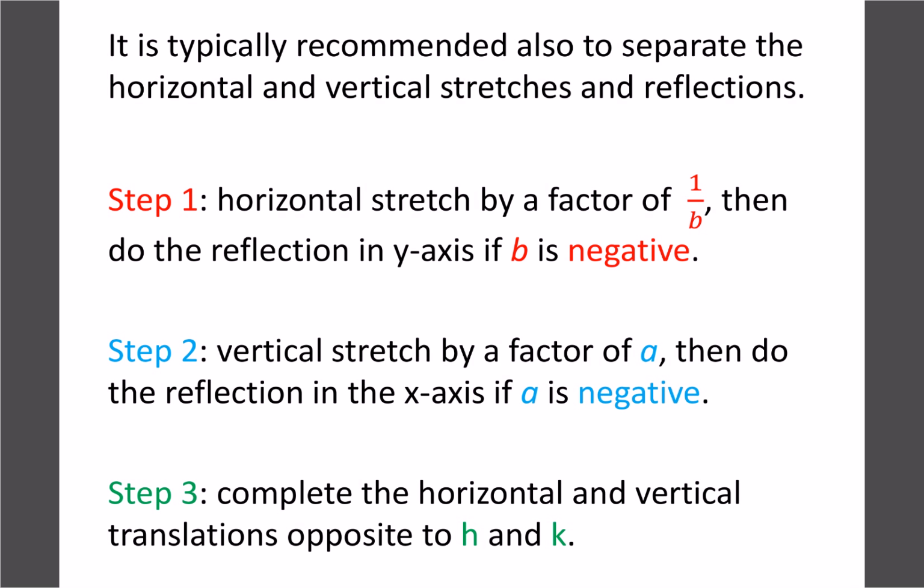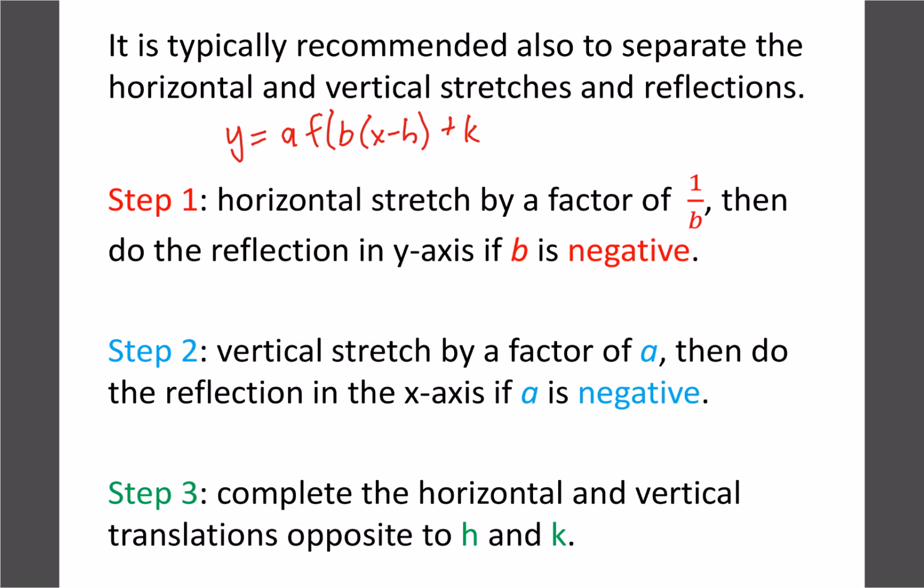Oops, I lost my question here. I'll just go to the next page and we'll go from there. So, our equation was y equals a f of b(x minus h), and then we had plus k.